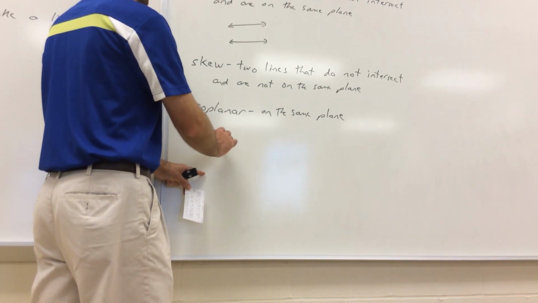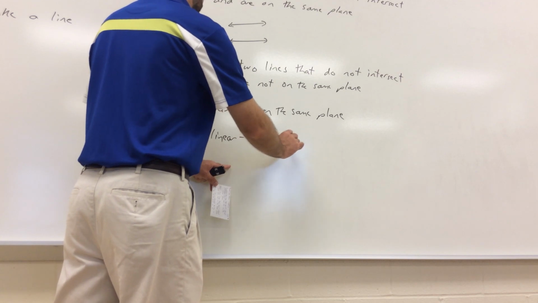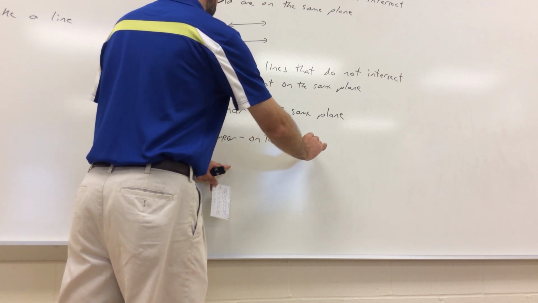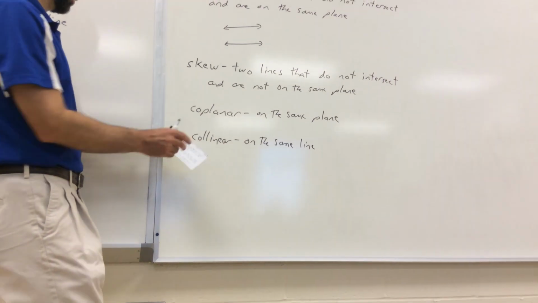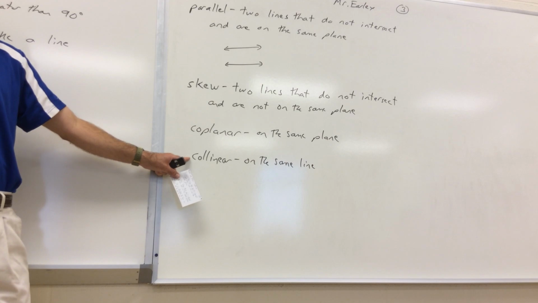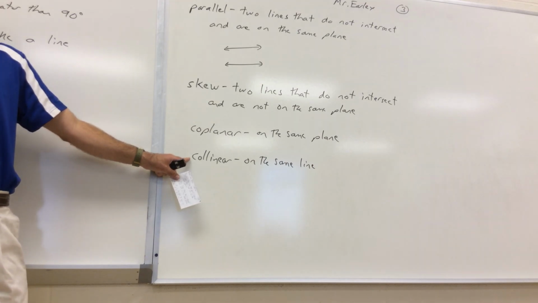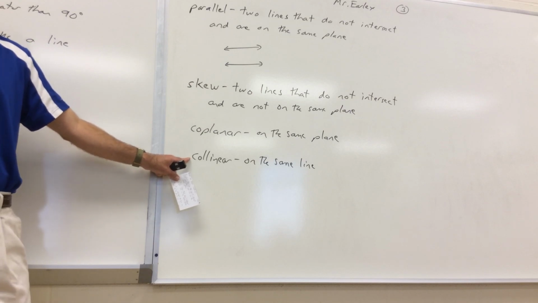And then collinear means on the same line. So if you have a bunch of points that are all in a row, they're all on the same line, that's called collinear.